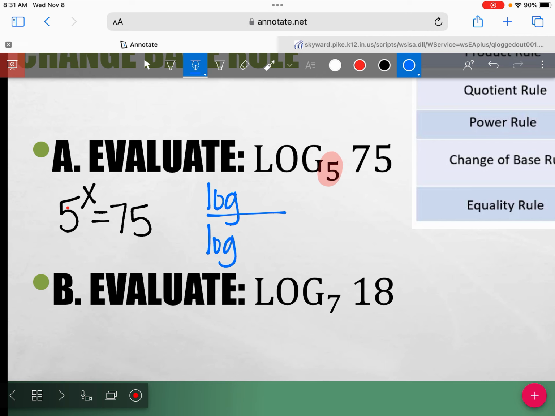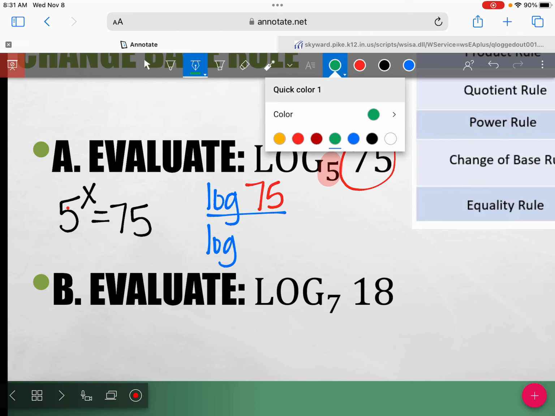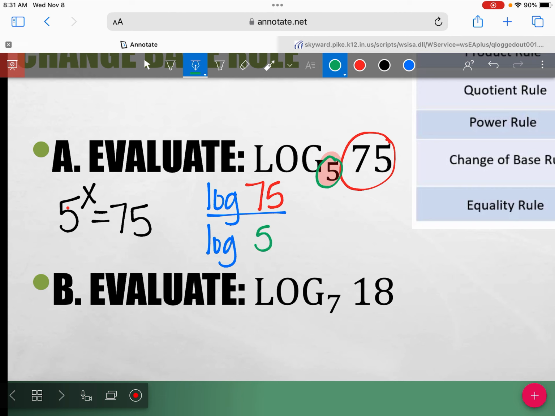You're going to take the log of 75 divided by the log of 5. That would be your first way to do it. Or you can use your natural log and type in the natural log of 75 divided by the natural log of 5. So go ahead and type that in your calculators.